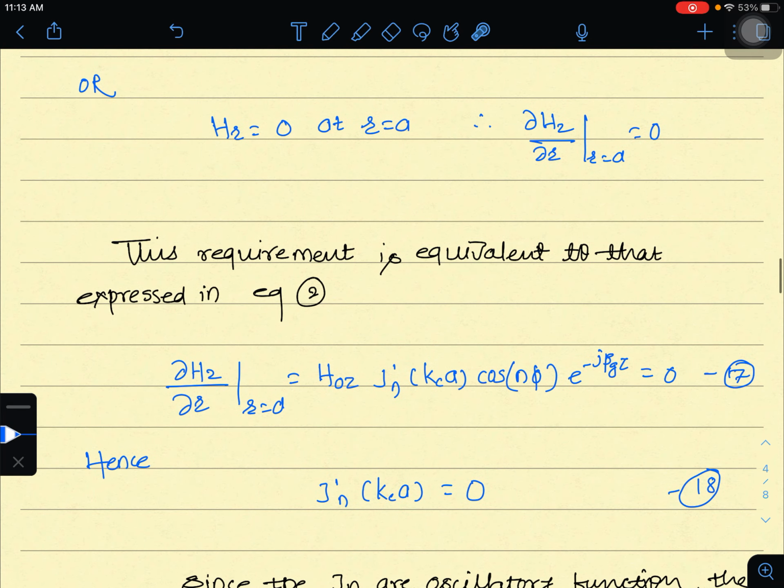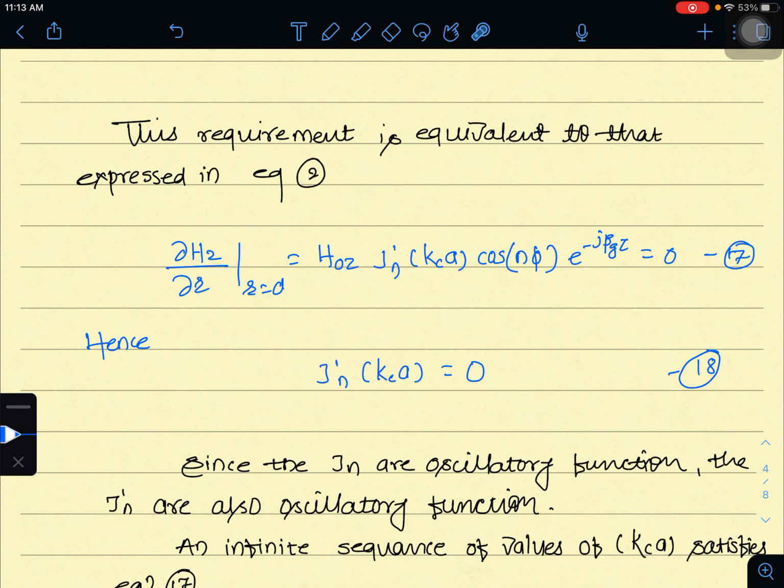Now the one factor we are introducing here, that is J'n(kc a), is nothing but 0.